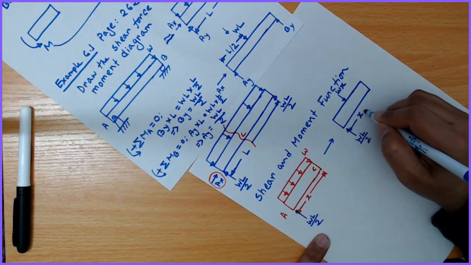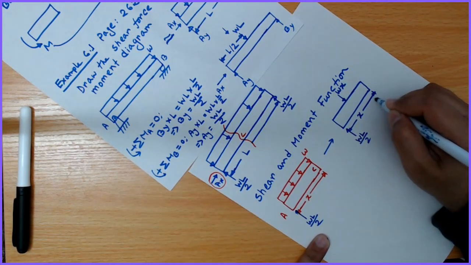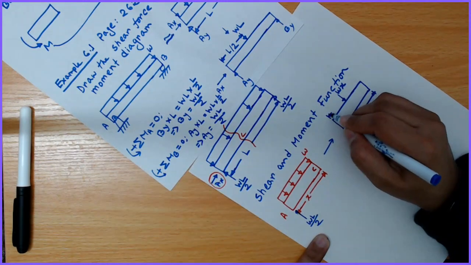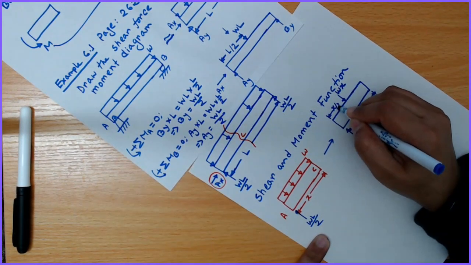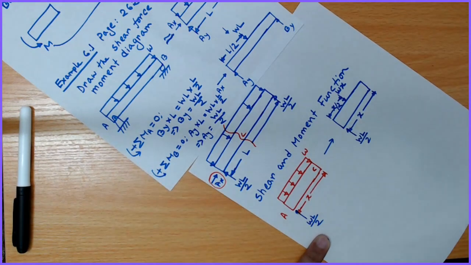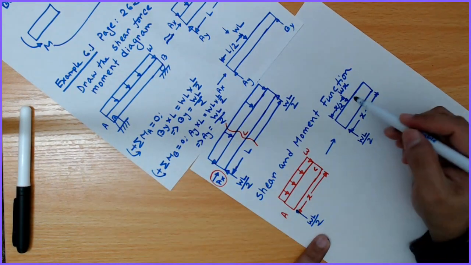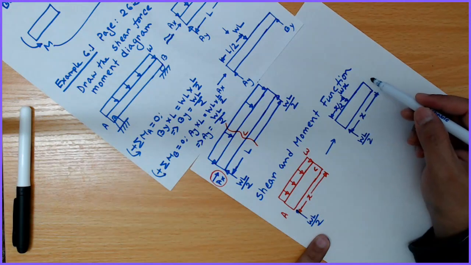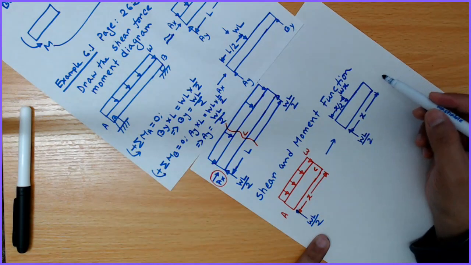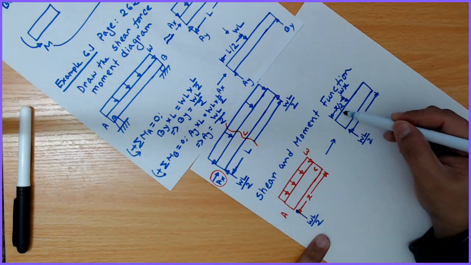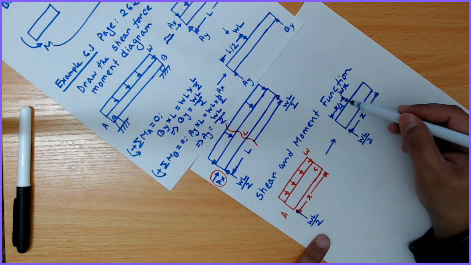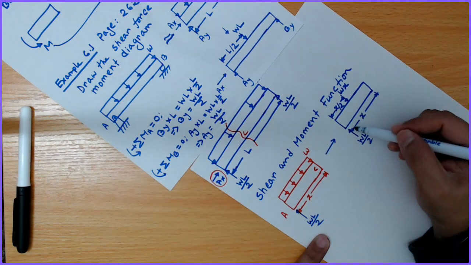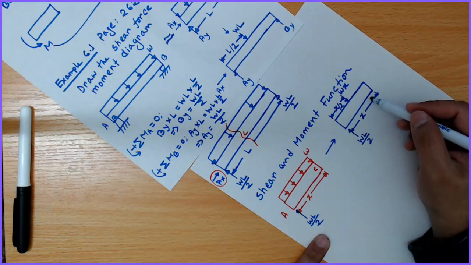This length is X and this is X by 2. As we know, when we convert a rectangular load to a point load, the location is half of the length of the rectangle.